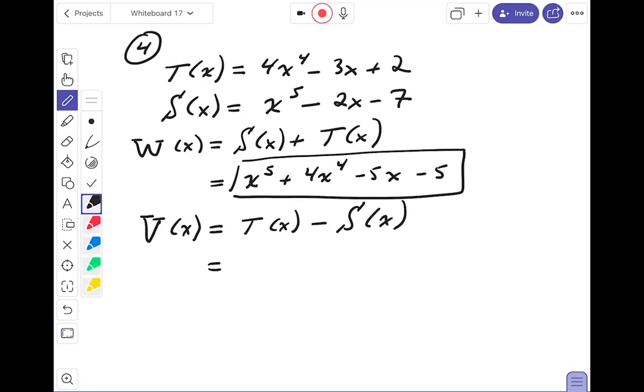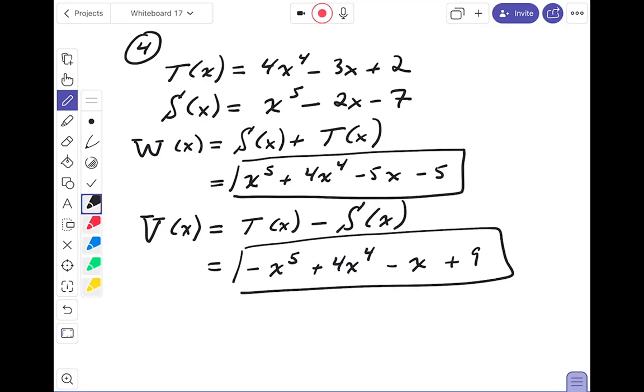Let me write this down. Minus x to the 5th. All right. And then what do you get? Plus 4x to the 4th. Let's see, t of x, that's minus 3x minus and minus 2x is plus 2x. That's going to be minus x then. And then what do you get? 2 minus a minus 7, which can be plus 9.